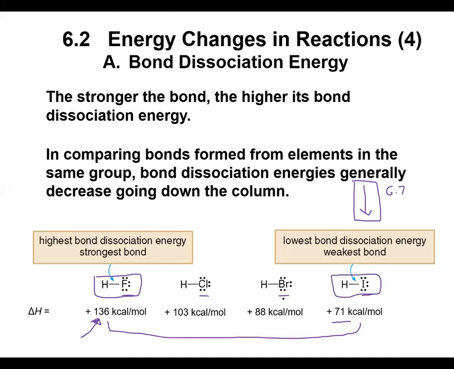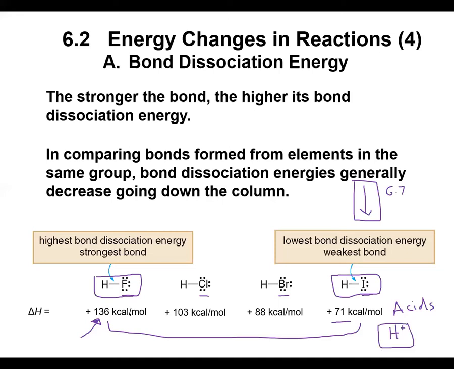This has a lot to do with many aspects of chemistry. All four of these are also acids. If you remember, acids are things that have the ability to produce H plus ions in solution.